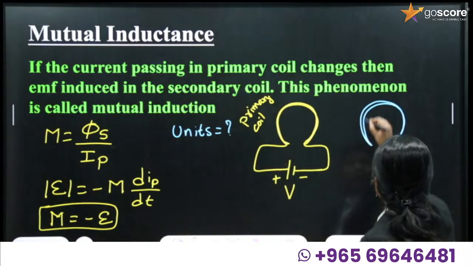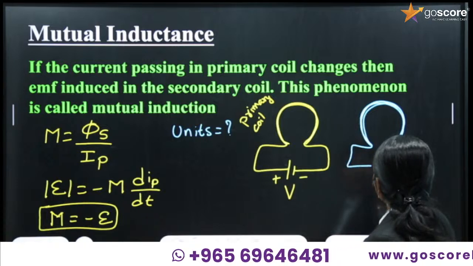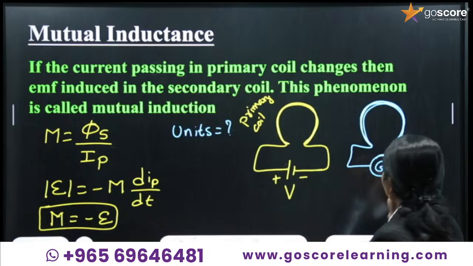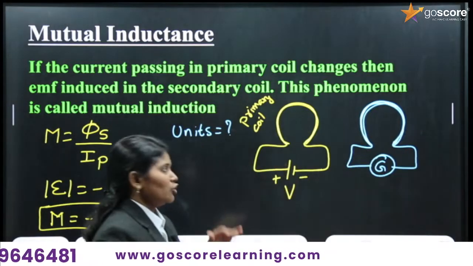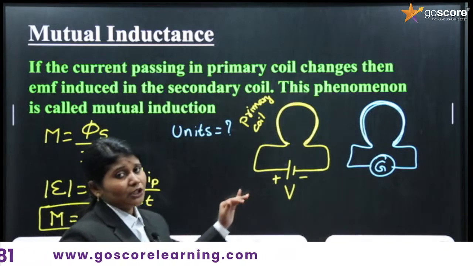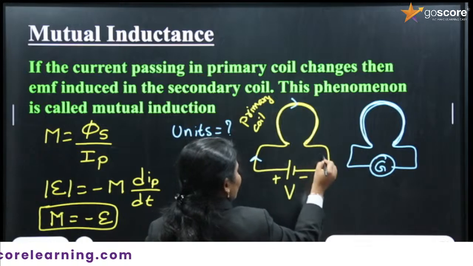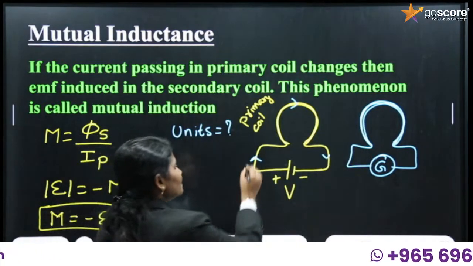This secondary coil also has a number of turns, but it is connected with a galvanometer. When we give the supply, current will pass through the coil.